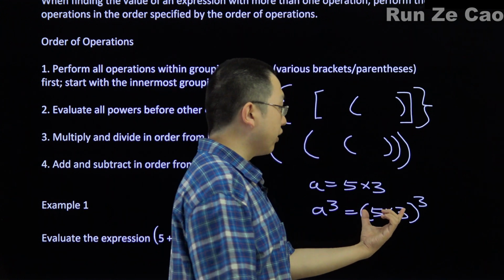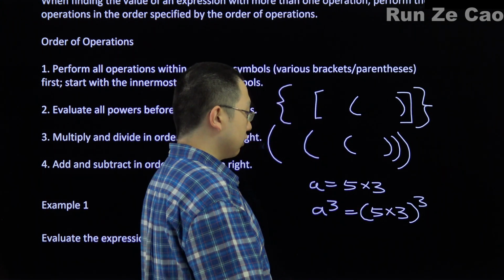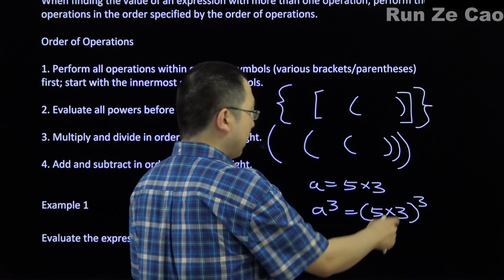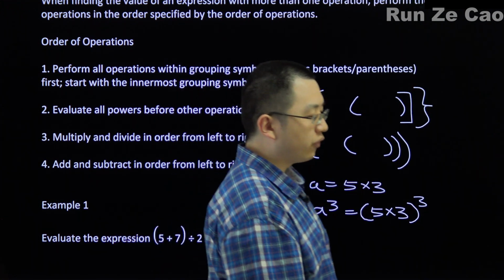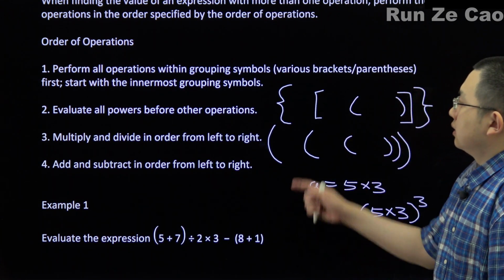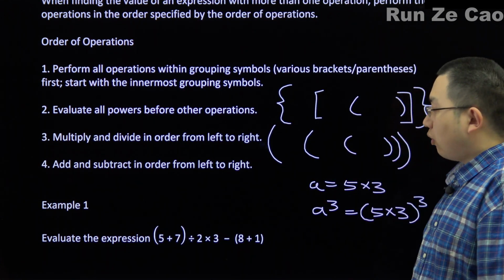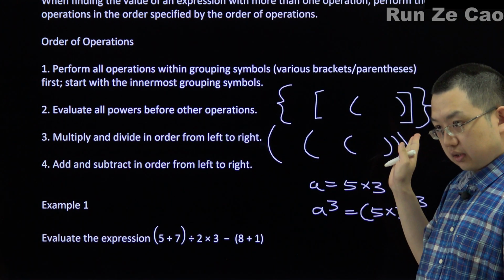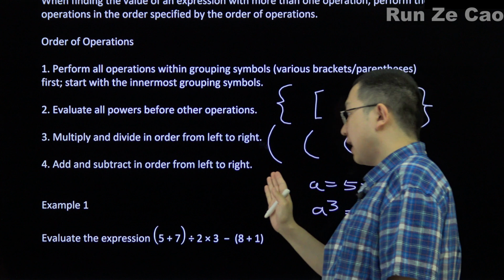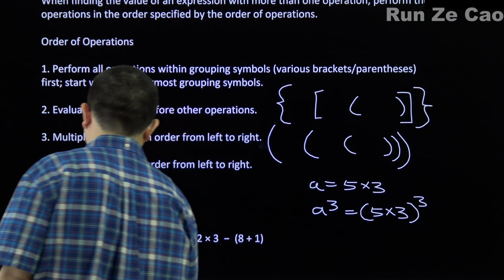Like that's a priority here. Okay, so after you do this, you have to multiply by itself however many times before you do anything else. So multiply and divide in order from left to right. And then you subtract or add in order from left to right.